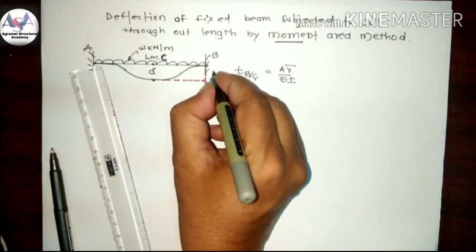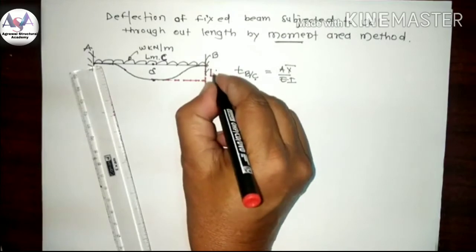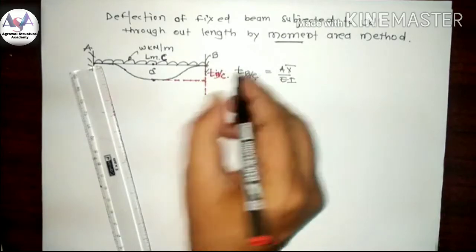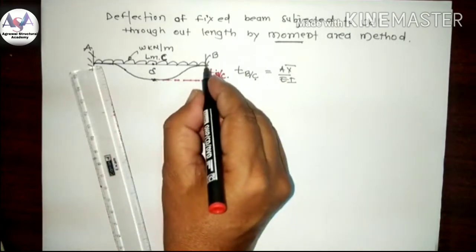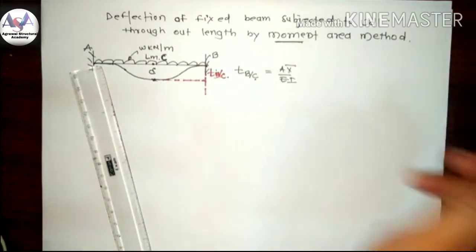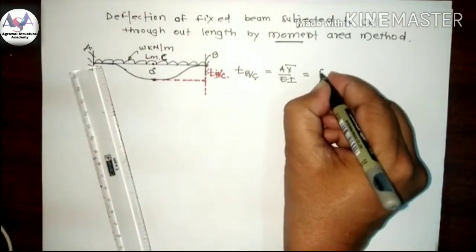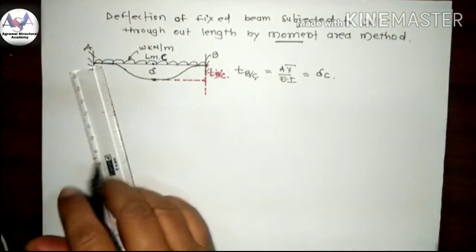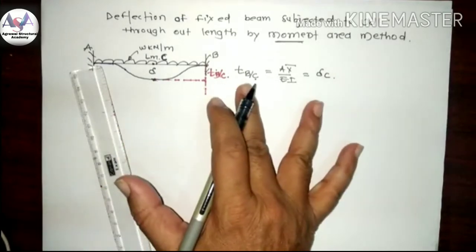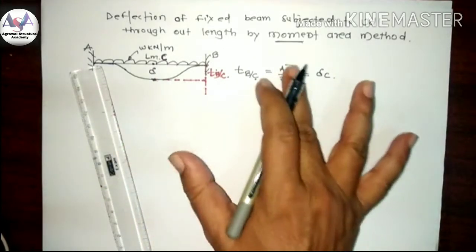This height is TBC, and that is equal to delta C. So this is our first step.